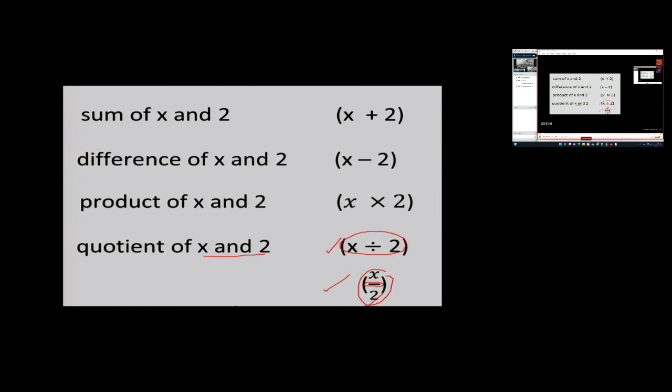So remember, if you see these words, sum, difference, product, and quotient, you need to put parentheses. Okay? Do you understand? Good. Now, I have this one.